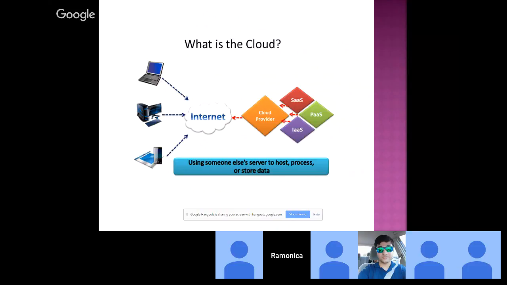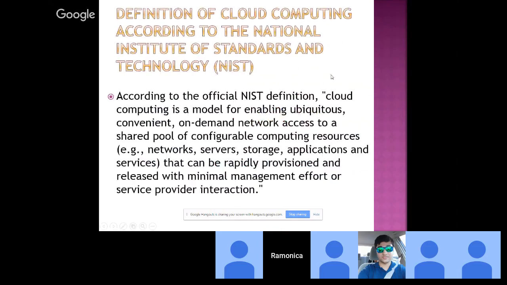The back end is where all the shared resources are located. Resources in the back end could consist of items such as data storage systems, virtual machines, software, and hardware. These resources can be local or dispersed in different regions. Definition of cloud computing according to the National Institute of Standards and Technology.